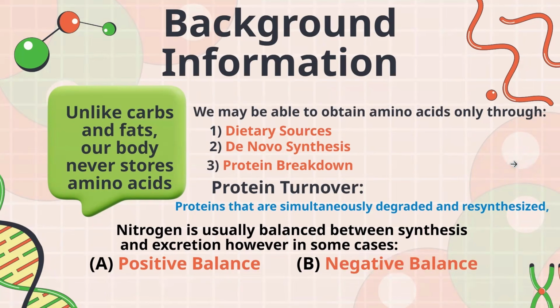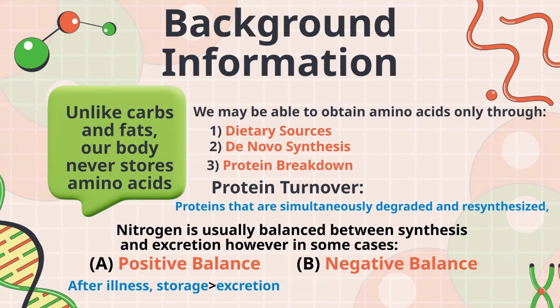Positive balance is when, after illness, you have storage of more nitrogen than excretion of nitrogen. The way I like to remember this is by cortisol. After we're sick and we recover, our body is more positive.